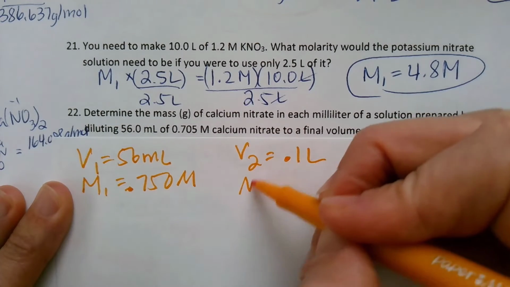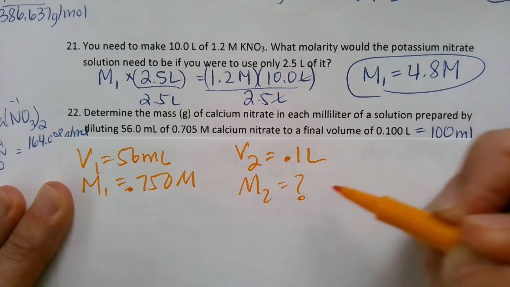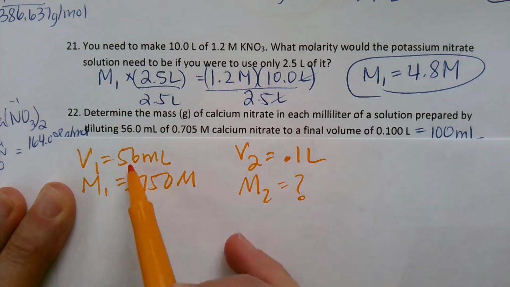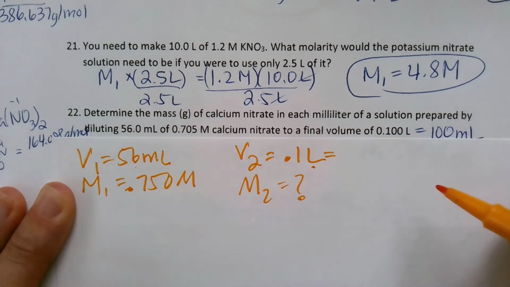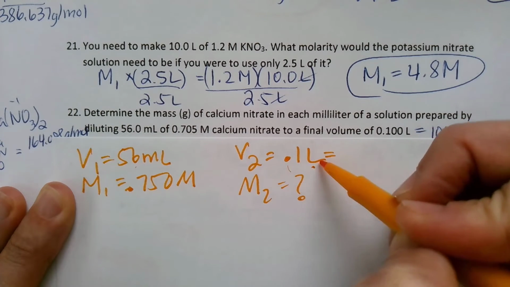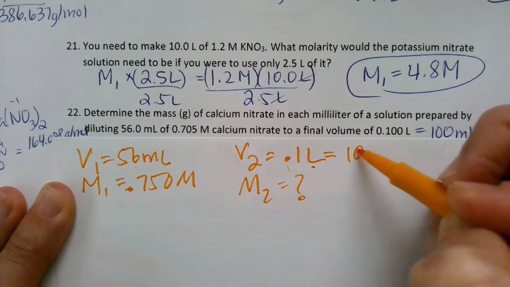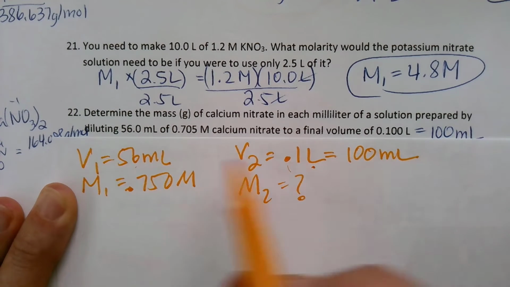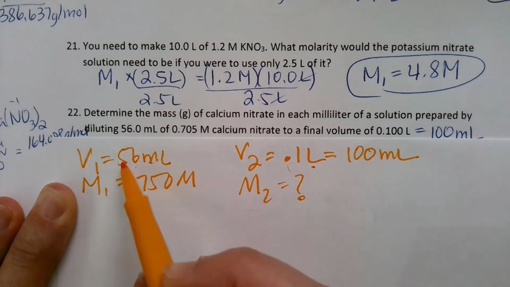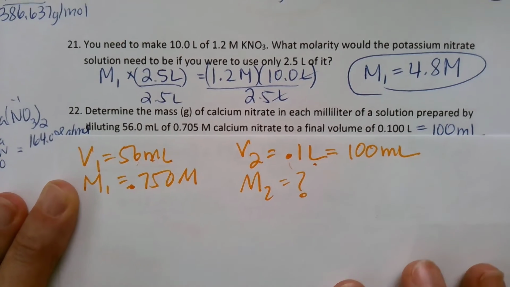So I need to find M2, which I can do. The only thing I need to look at here is I have different units. This is liters and this is milliliters. So I'm just going to make this 0.1 liters, times it by 3. So 100 milliliters. Okay, so we could have taken this and put it into liters. It wouldn't matter.